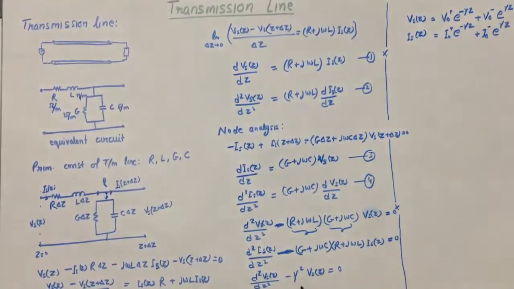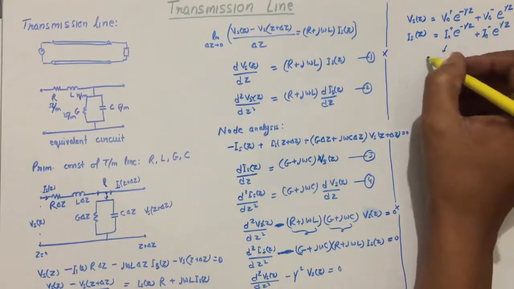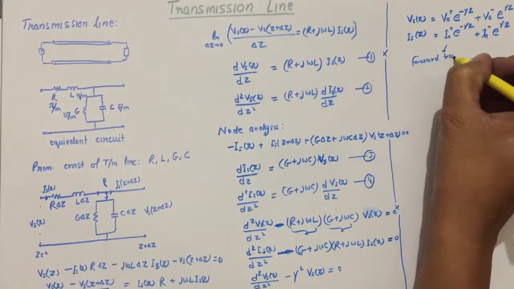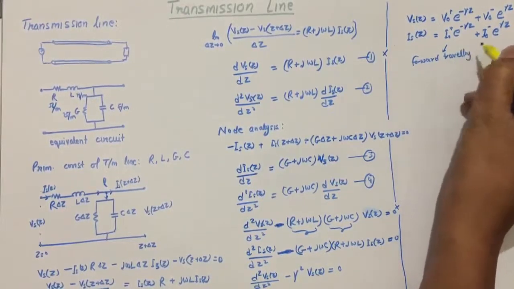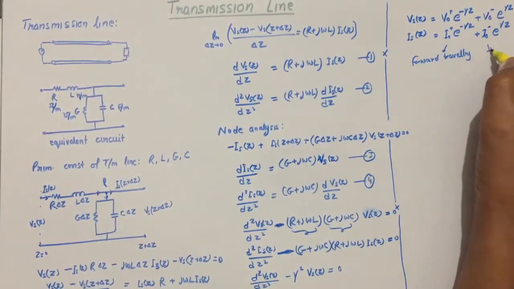These are the solutions of this and the other form of the wave equation that we can get from here. So these components are known as the forward traveling wave, and these are the backward, or we can say reverse, traveling wave.